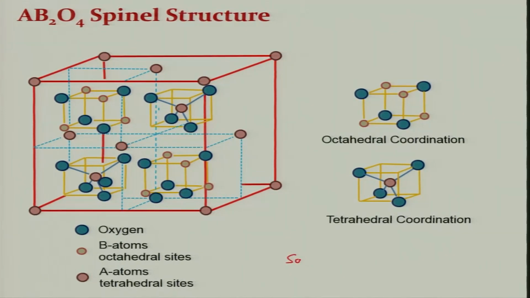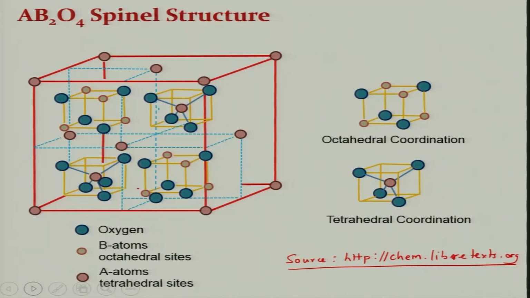It is adapted from a chemistry website which has some very nice structural illustrations. So you can go to this website and look at these structures, but it has been redrawn so you can see that this is one FCC cell, and within one FCC cell you have certain tetrahedrally coordinated atoms and some of the octahedrally coordinated atoms.